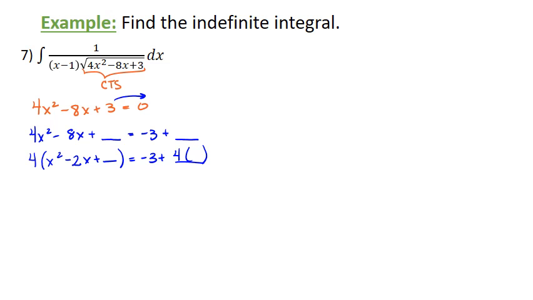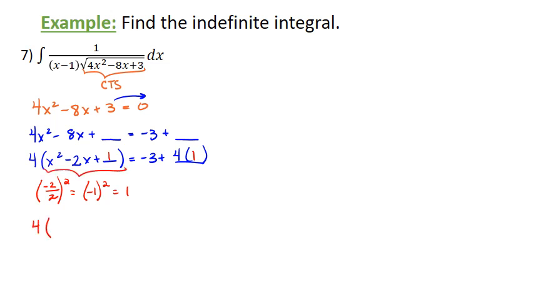Anyway, in order to find this special number, I'm going to take b divided by 2 squared, which is negative 1 squared, which is 1. So 1 is my special number. I want to factor this.